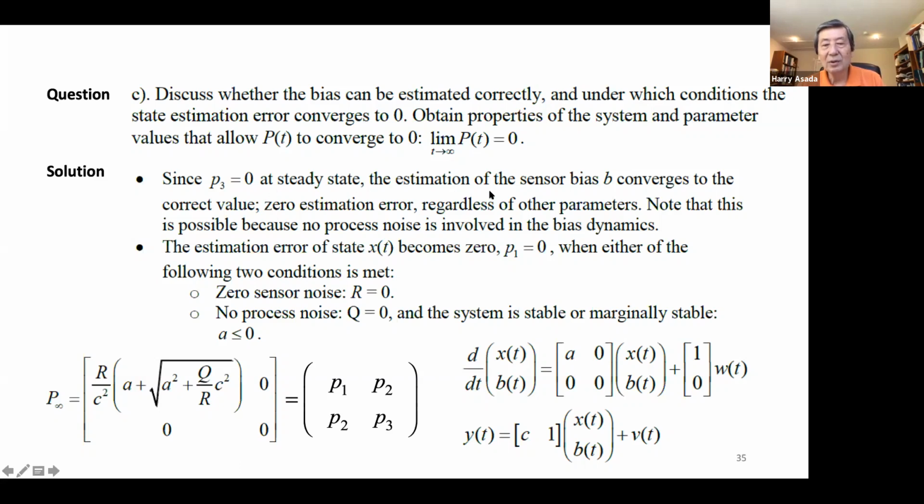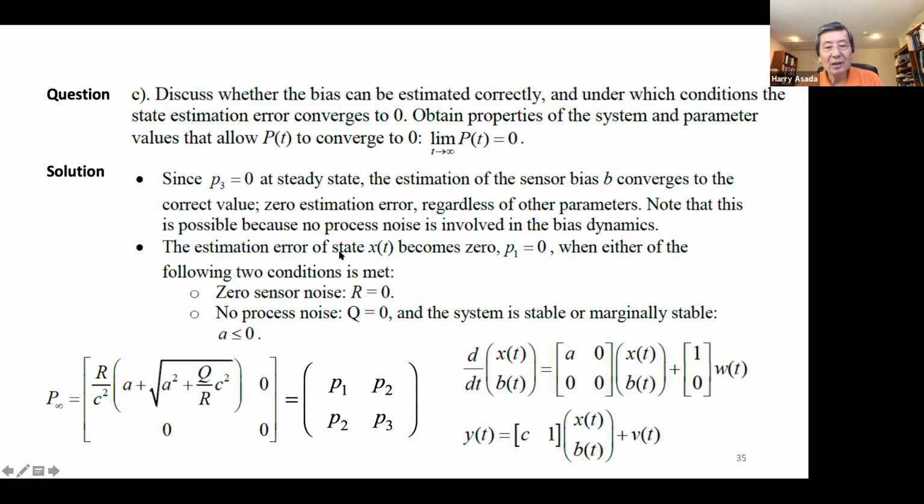The estimation of the sensor bias B converges to the correct value, the 0 estimation error, regardless of other parameters. Okay, it's going to 0. That's a very strong point. Note that this is possible because no process noise is involved in the bias dynamics. Remember that it's a parameter, so no process noise comes in.